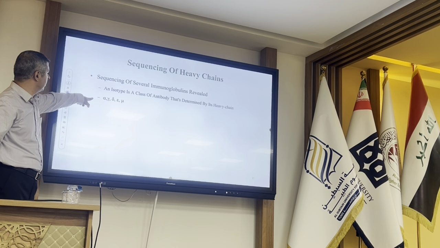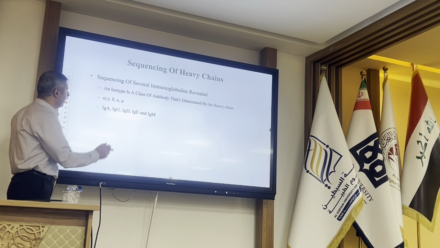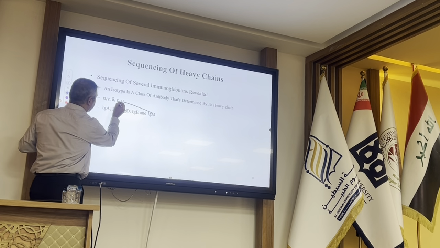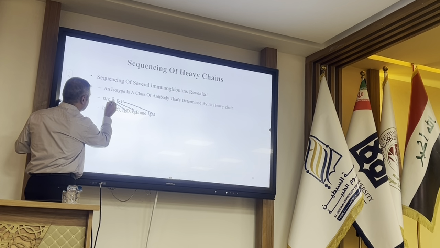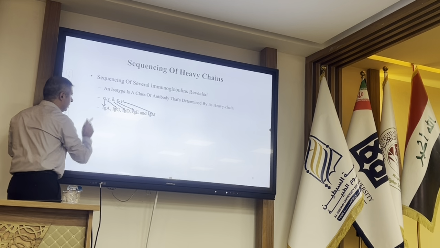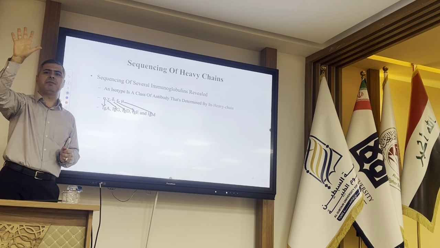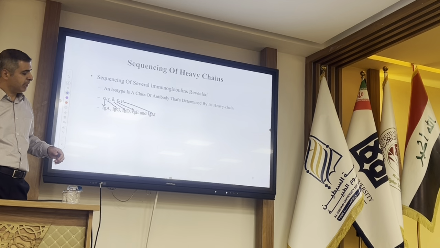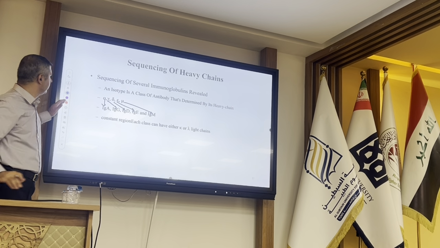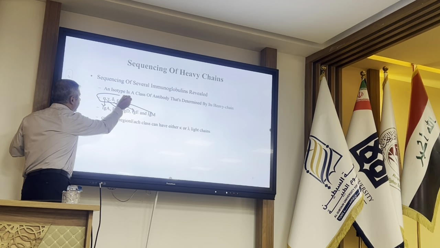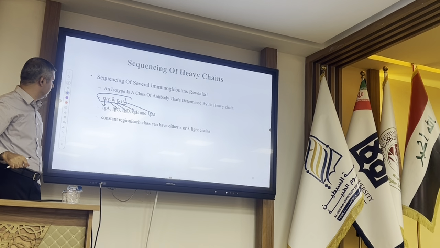So, different heavy chains for different isotypes or classes of the antibody. We have 5 different isotypes of different classes of antibody whose difference is only in the heavy chain protein.